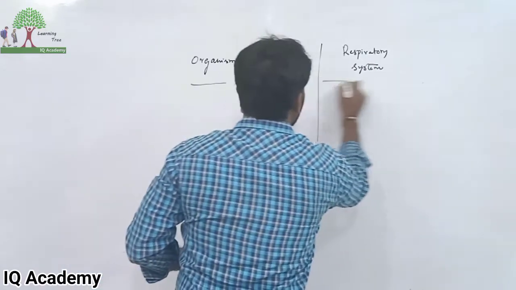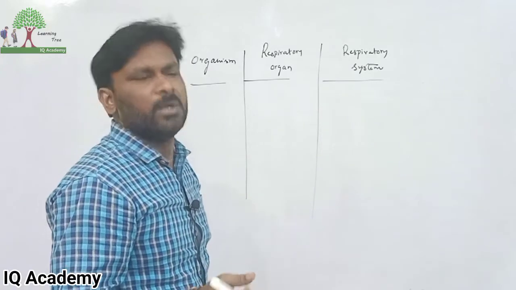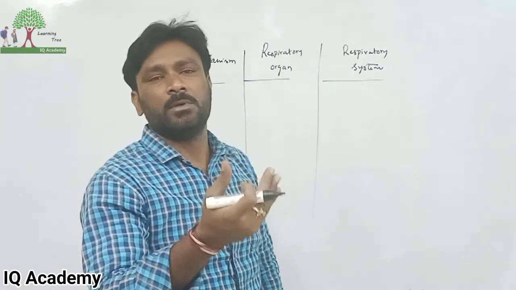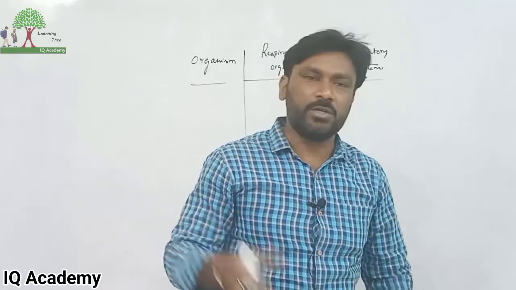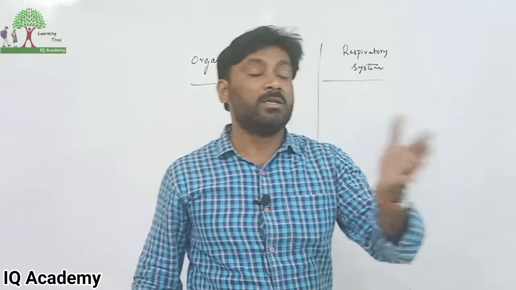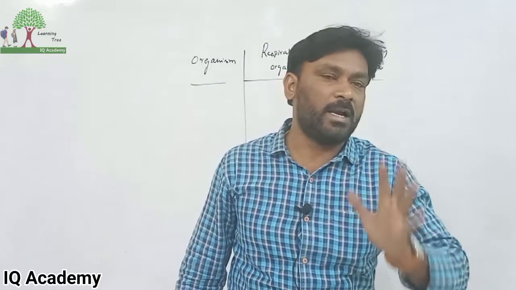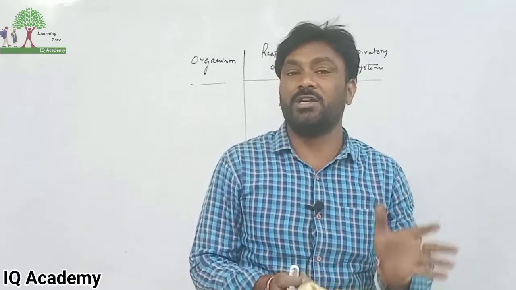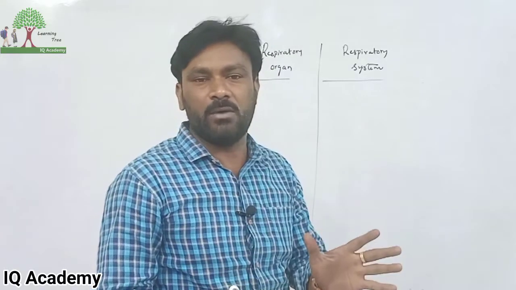Here we will discuss the different types of respiratory systems in different organisms. Some are terrestrial organisms, which live on land; aquatic organisms, which live in water; and some are amphibians, which live in water as well as on land. How does respiration take place in these organisms and what type of respiratory system do they have?